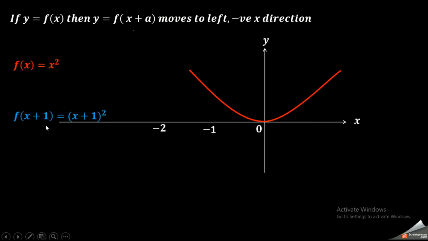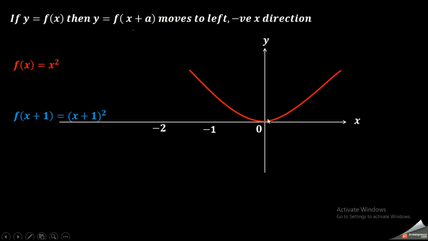F of x plus 1. In this case this x is replaced by x plus 1. So this will become x plus 1 to the power 2. So what happens in this transformation is this curve is moved along the x-axis towards this side, negative x direction side, by 1 point.